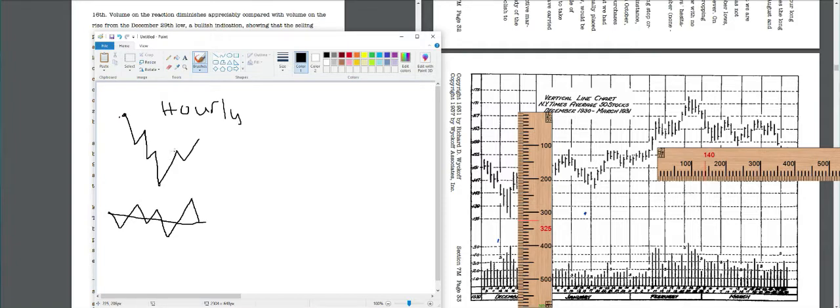I didn't align it correctly, but this point would be this point on the wave volume. This would be the biggest volume in, I don't know, 15 or more waves. It would be a hell of a lot of volume right over here.